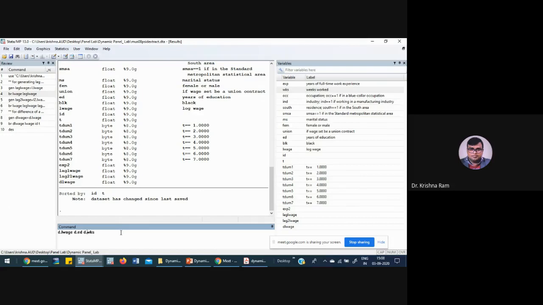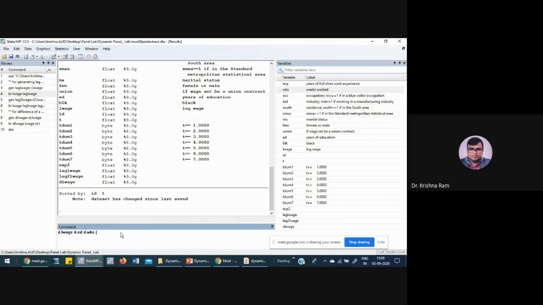I'm including only two variables, but this is just an illustrative exercise. We are not working with the correct model actually. So these two independent variables.